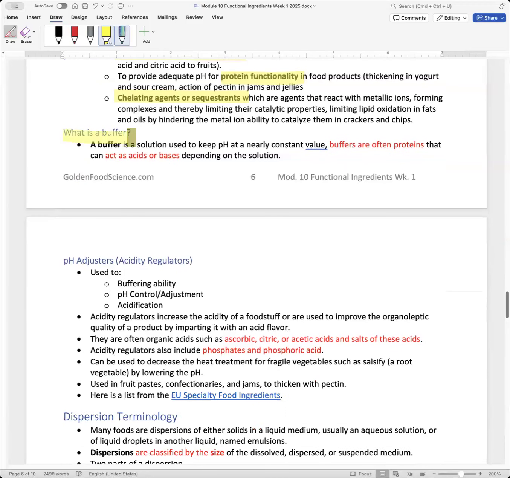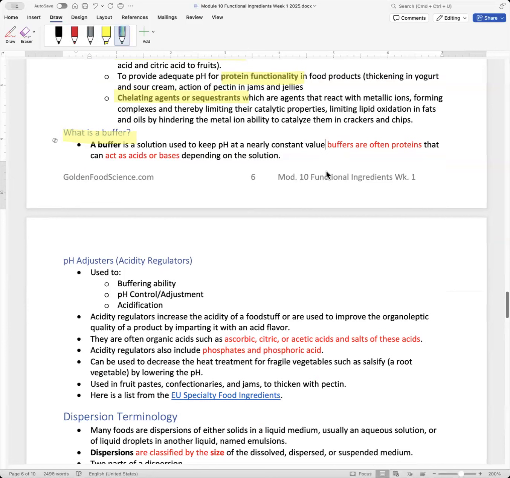A buffer is something that can be either or. So buffers are proteins, because some proteins can be either acid or base, depending on the amino acids that are present there. And so they make really good buffers.